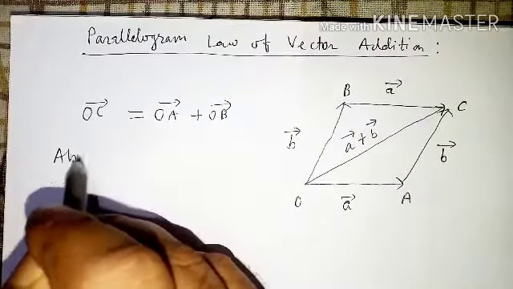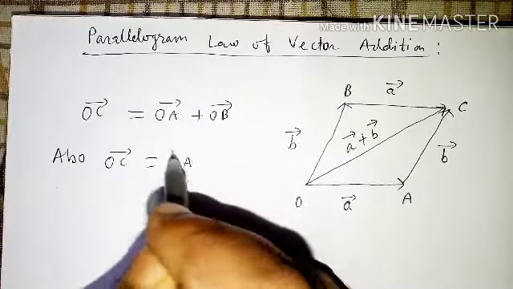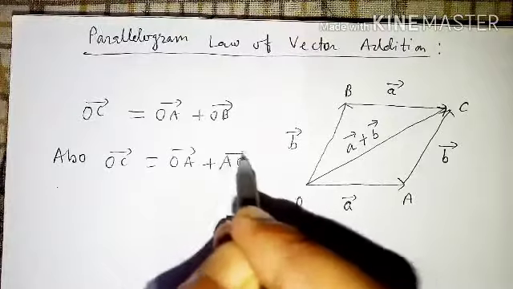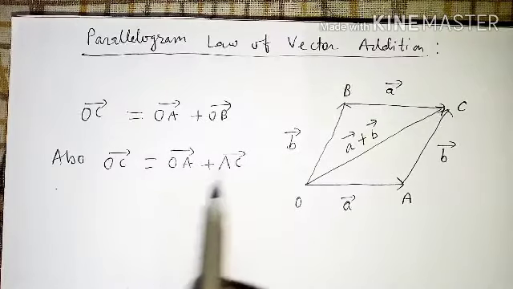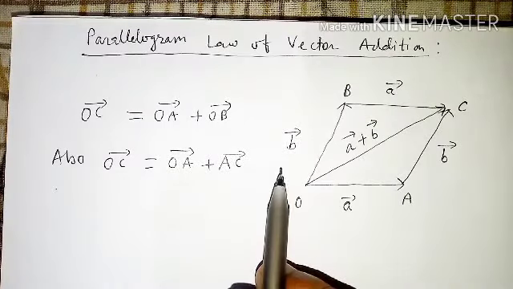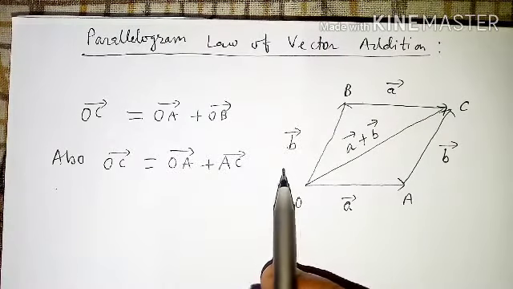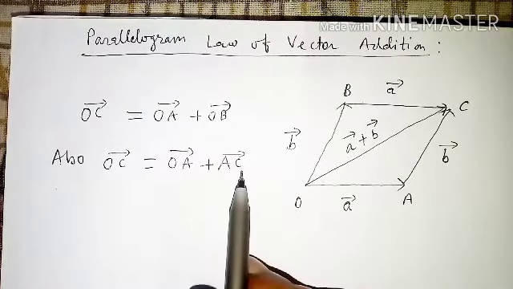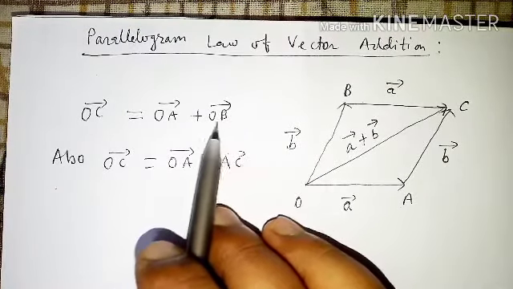Also vector OC is equal to vector OA plus vector AC. So we can say that both laws of vector addition, triangle law and parallelogram law, are equivalent to each other.